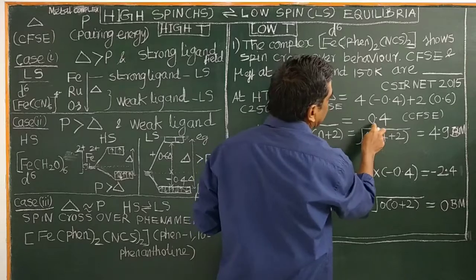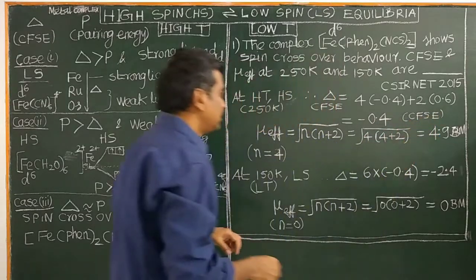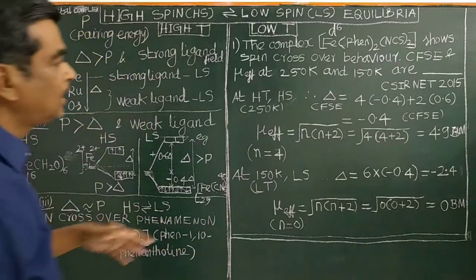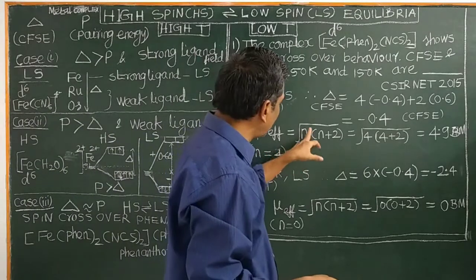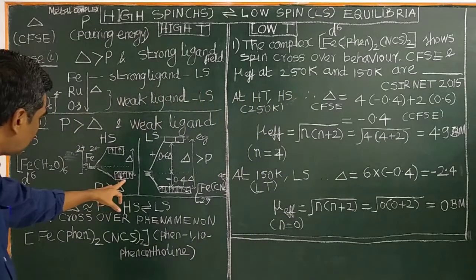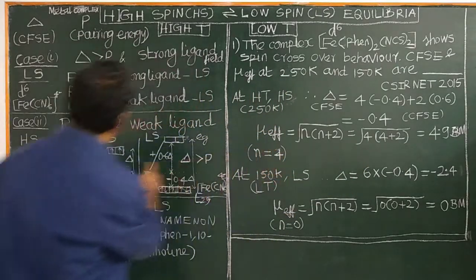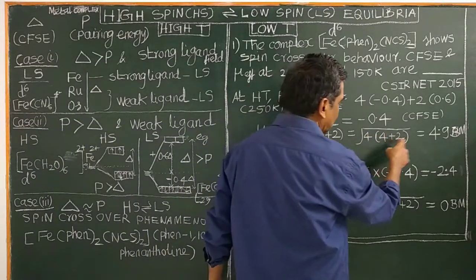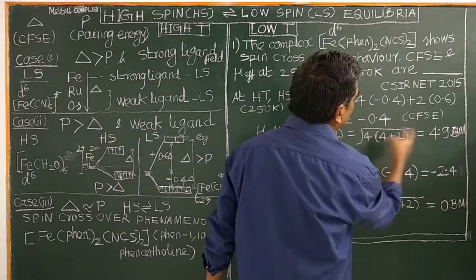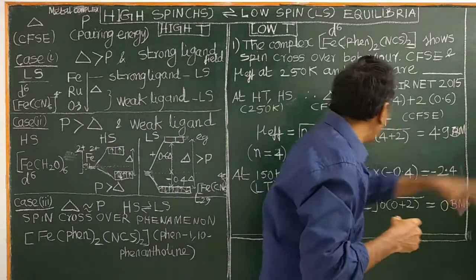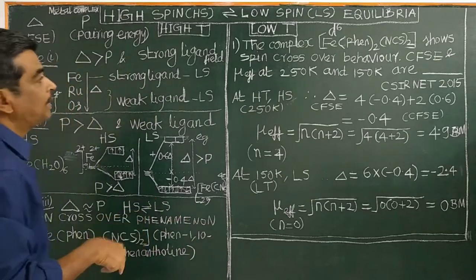Therefore, the crystal field stabilization energy equals minus 0.4 delta. Now the spin only magnetic moment is calculated using the formula square root of n into n plus 2. In this case there are 4 unpaired electrons, n equals 4. Therefore, 4 plus 2 is 6, into 4 is 24. Therefore, the square root gives 4.9 Bohr magneton.